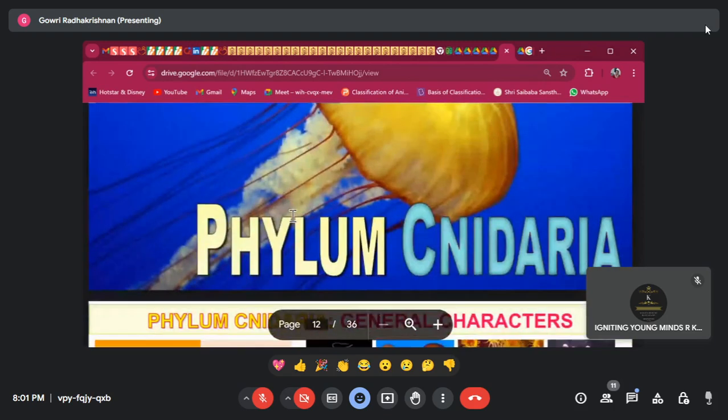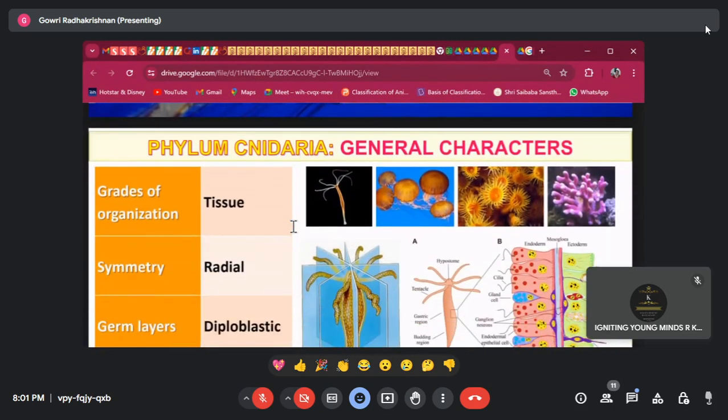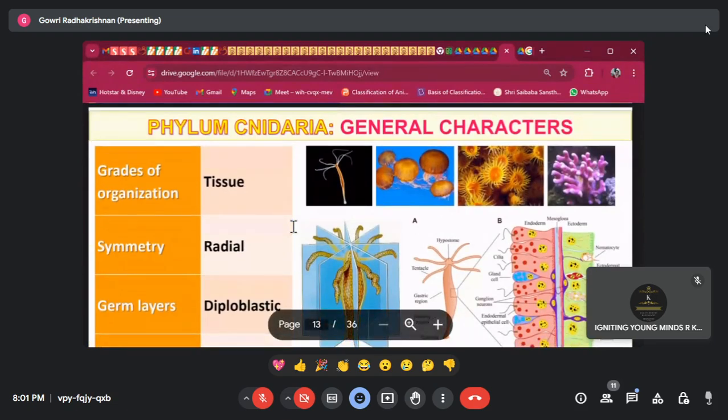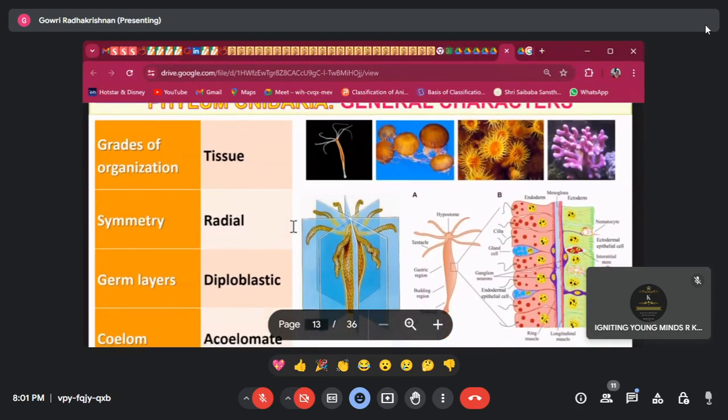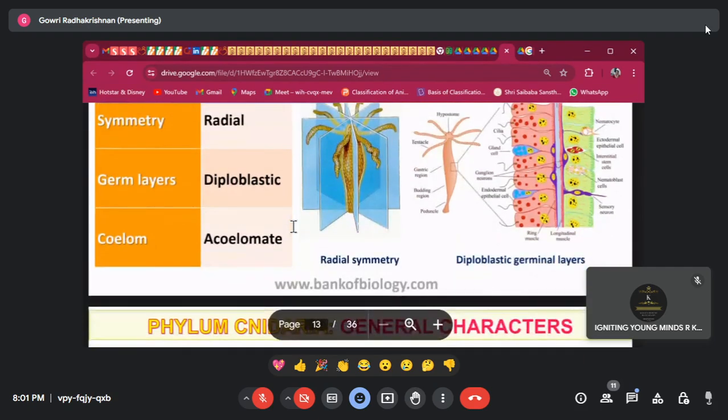All right, now the next one, Cnidaria. Cnidaria is slightly higher. Grade of organization is tissue, and symmetry is radial. Germ layers are diploblastic, that is, they don't have a mesoderm, only mesoglea is there. And coelom: acoelomate.